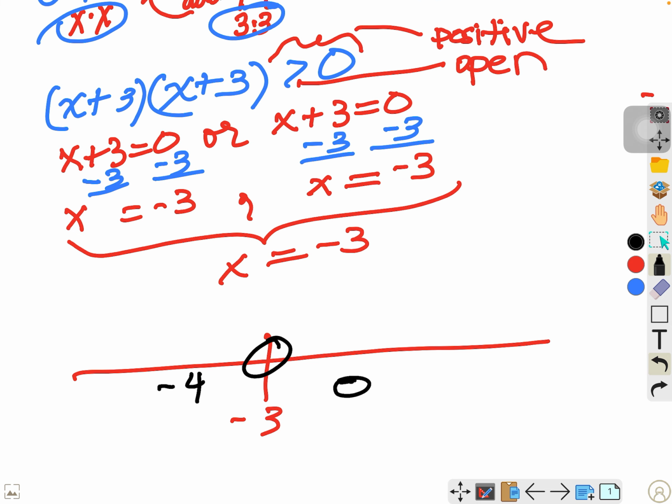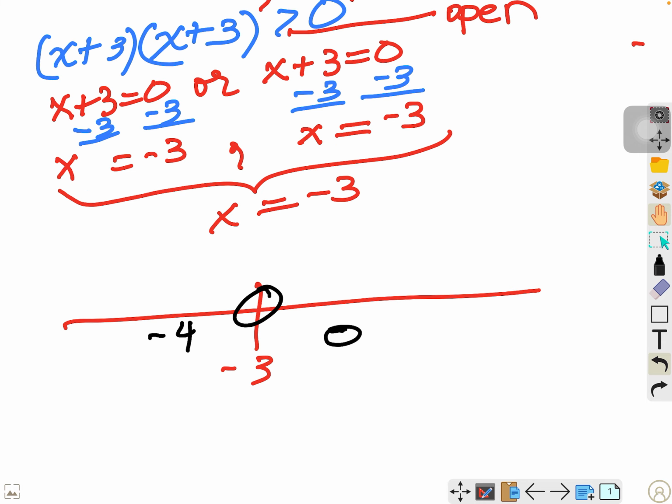-4 plus 3 is going to be negative. And again, -4 plus 3 is negative. This is our positive region. That's what we're looking for.